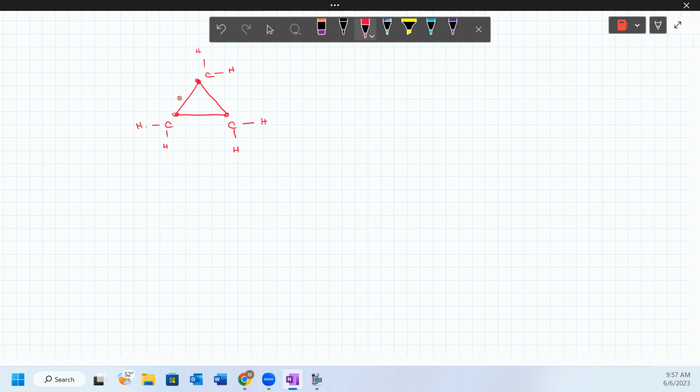So the general formula for a cyclic is CnH2n, because each carbon is connected with 2 hydrogens, they are not double bonded, and it is closed in a circle.